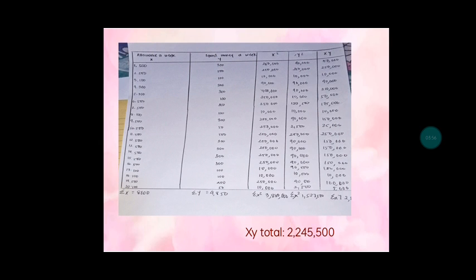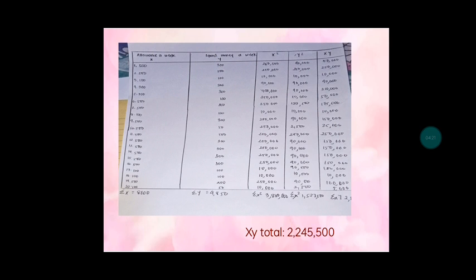Next, 500 times 250,000 is equals to 250,000. Sunod is 100 times 10,000 equals 10,000. 300 Y squared is 90,000. So 700 is equal to 90,000.